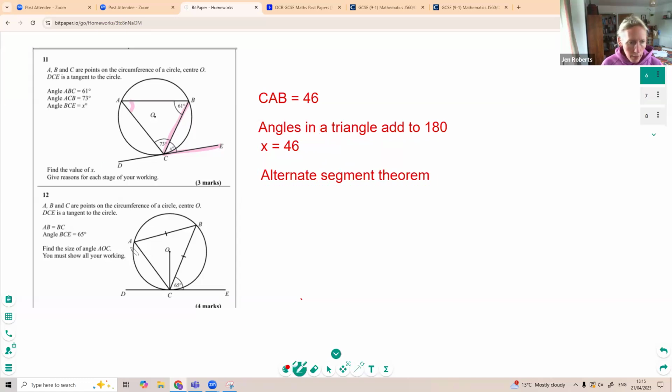Right, what do we want here? AOC. So I'm going to add in the line A to O. We've got an isosceles triangle, haven't we? ABC. You can see an arrow. We can also see an alternate segment theorem here. So this tangent touches the triangle here. So this whole angle here is 65 degrees.